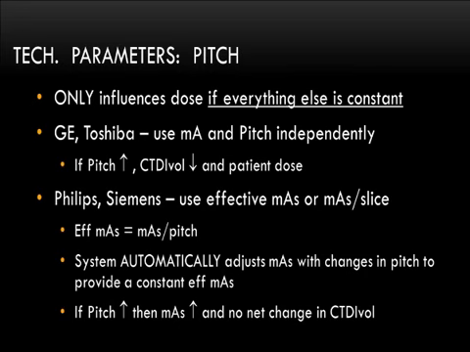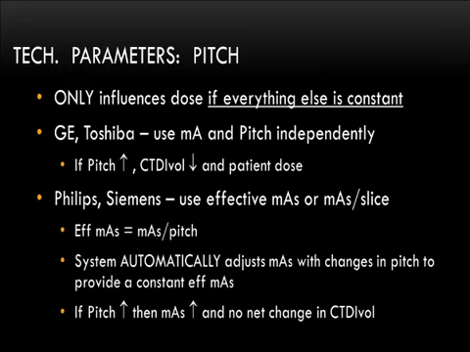Philips and Siemens use the concept of effective MAS or MAS per slice. So if you're on the user interface and you have effective MAS at 100 and you change the pitch, did everything else stay constant? Well, effective MAS is MAS divided by pitch, and what the system does behind the scenes is keep that constant.